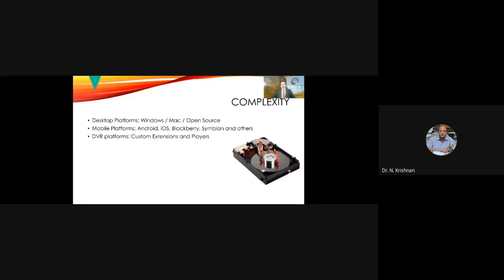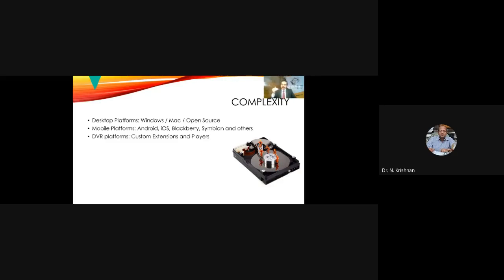Third, the DVR platforms, the CCTV evidence, and the CCTV manufacturers' DVRs. You must know that not all DVRs capture CCTV footage in a format you can play on your computer or mobile phone just like that.